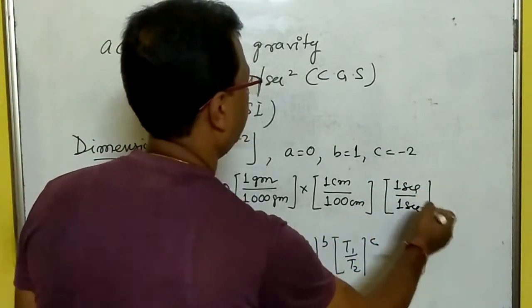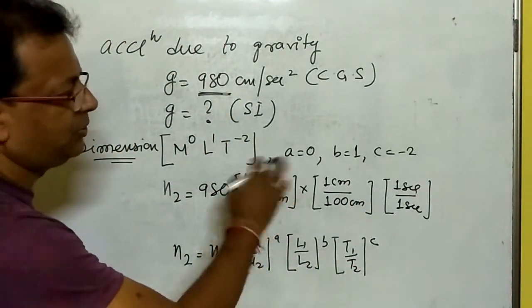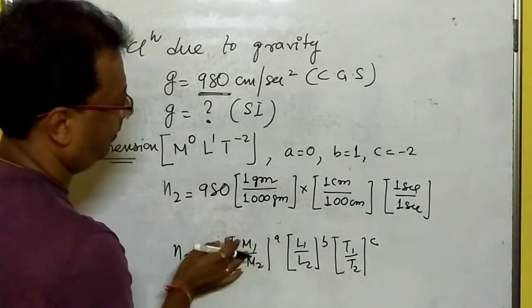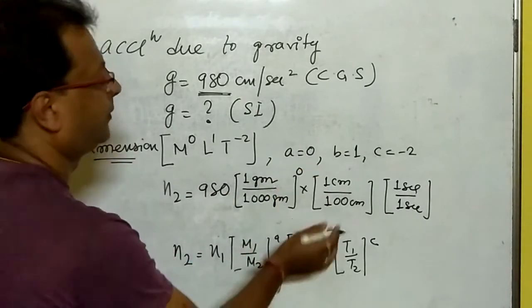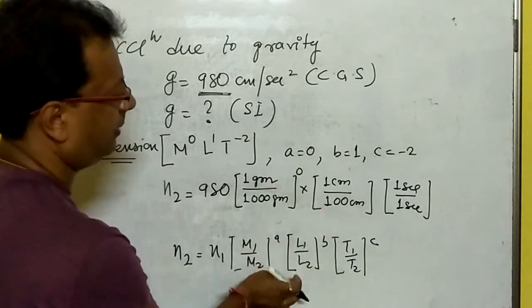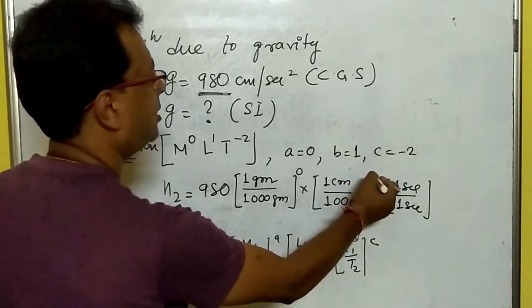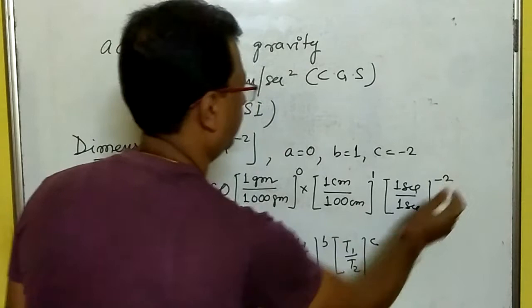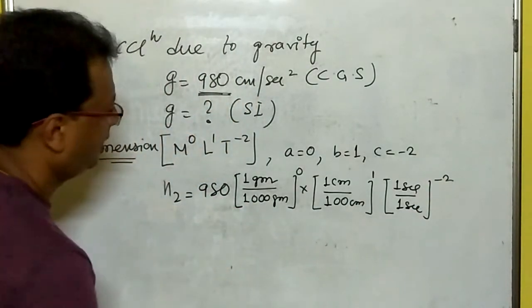So we should remember that time has the same unit in both CGS as well as in SI. So this is M1 by M2 to the power of a. What is the value of a here? This is 0. What is the value of L1? L here is b. b is how much? b is 1. So we write here 1. And what is the value of time? Time is minus 2.